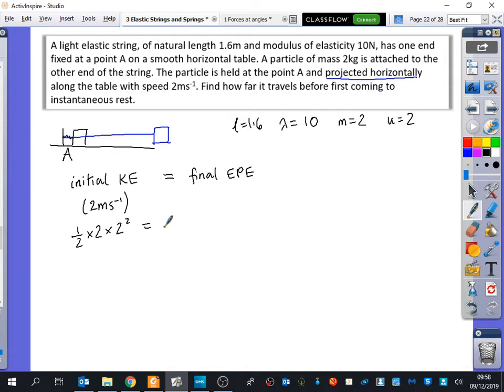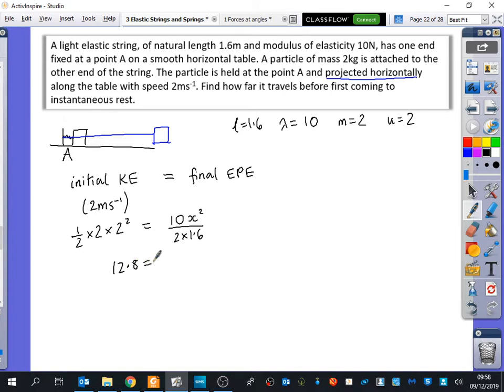The final elastic potential energy will be lambda x squared, because I don't know how much the string has extended, over 2L. So a half times 2 times 2 squared, so that's 4. So it's 4 times 2 times 1.6, which is 12.8.